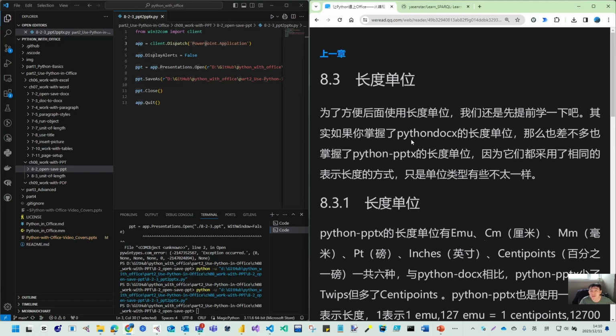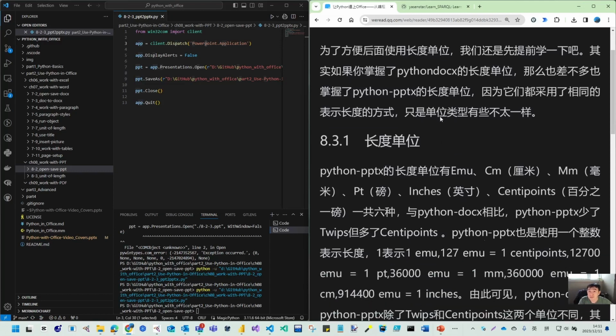As the author mentioned, if you understand Python's docx, you should also be okay with the idea of the unit of length. It's roughly the same. They also use a different way to represent the length. It's just that some of the type units are a little bit different.